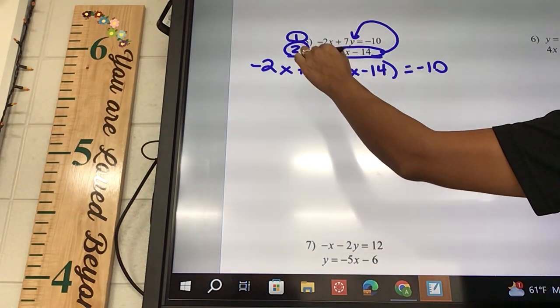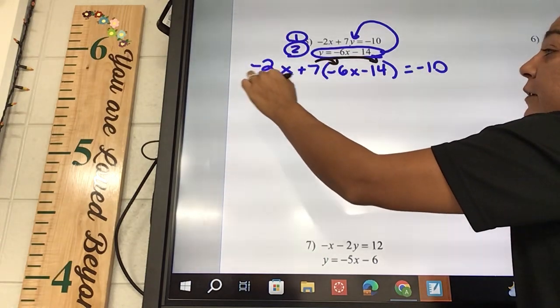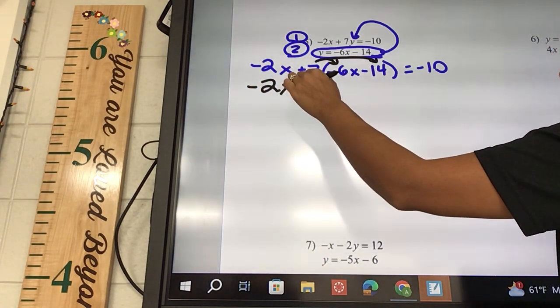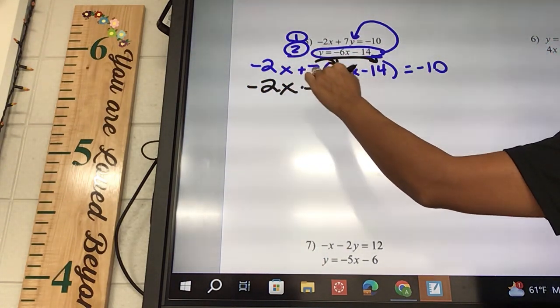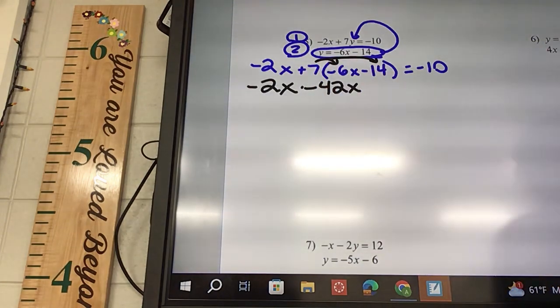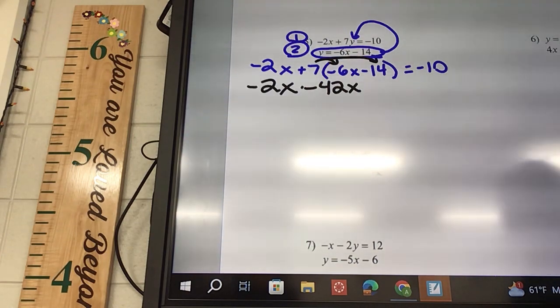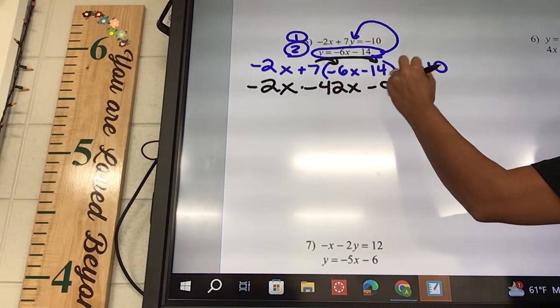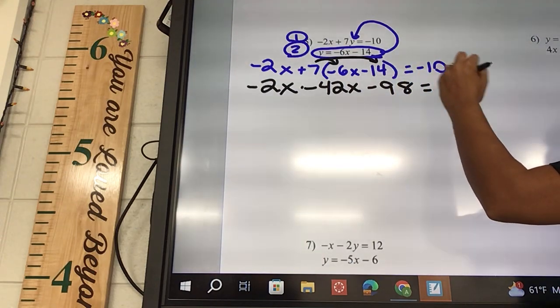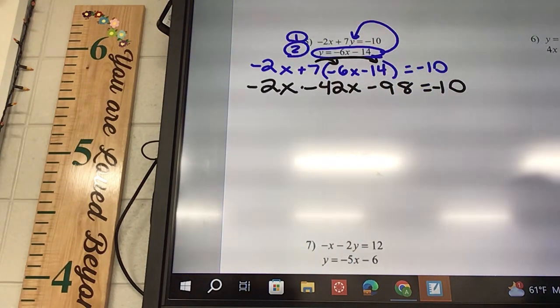Okay, we're gonna distribute, so I'm gonna have negative 2x, and 7 times negative 6 is gonna be a negative 42x. And the constant is 98. Okay, and then is that 98? I think so, because I used my calculator. So negative 98 equals negative 10.